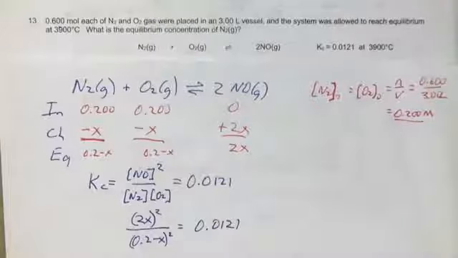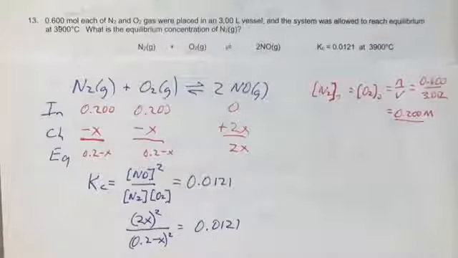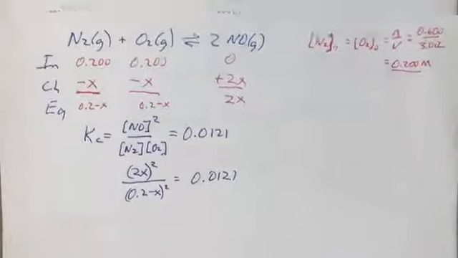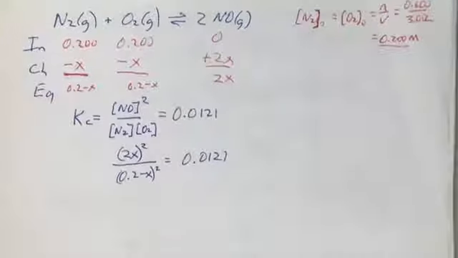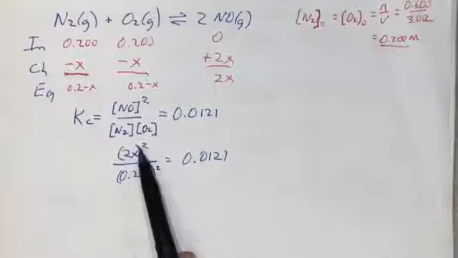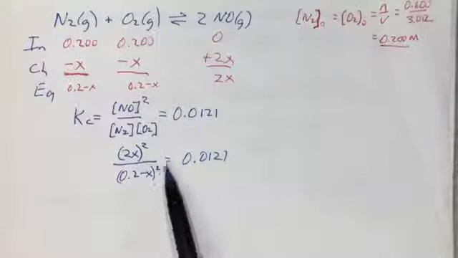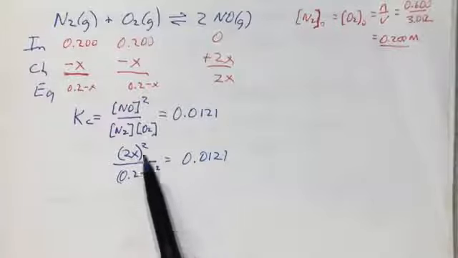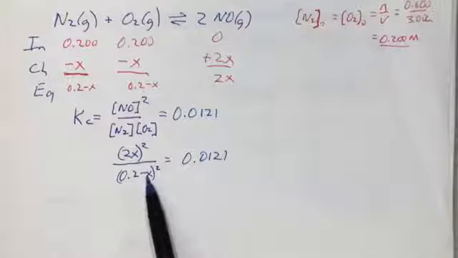Now, you do not want to do the quadratic formula on this question. That would take too long. Instead, notice that in this reaction, I've got to solve for x, but this is a perfect square. The numerator is squared, the denominator is squared. So let's take the square root of both sides. That's the easiest way to approach this.